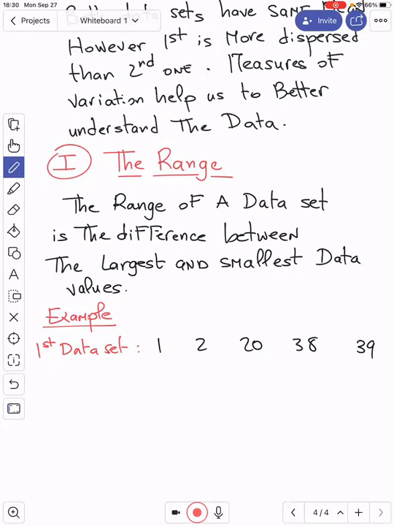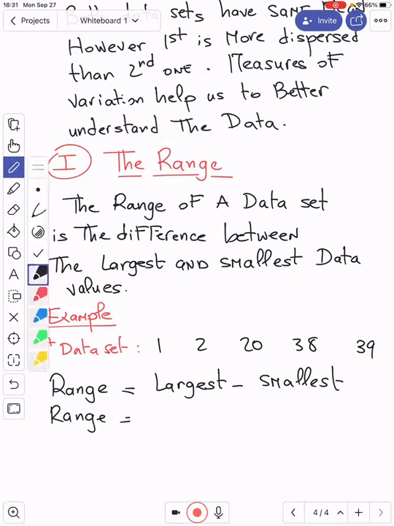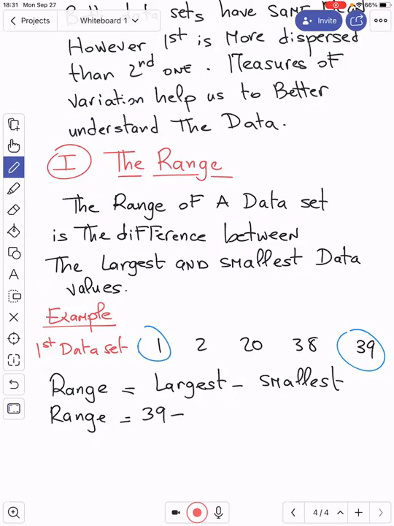Now, what would be the range of this data set? It's just the difference between the largest and the smallest data values. The largest value here is 39, and the smallest one is 1, so the range would be 39 minus 1, which is 38. That's the range of the first data set.